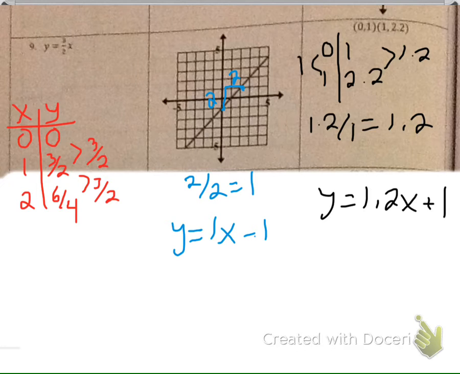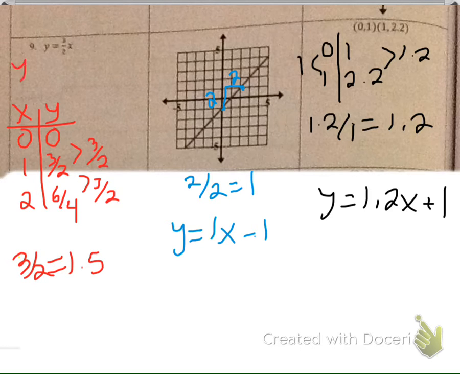Okay, so again I have to circle which one has the largest slope or rate of change. So that first one has a rate of change of 1.5. That might trip you guys up because it's written as a fraction, 3 over 2, but 3 divided by 2, let me write this down, 3 divided by 2 is actually 1.5.